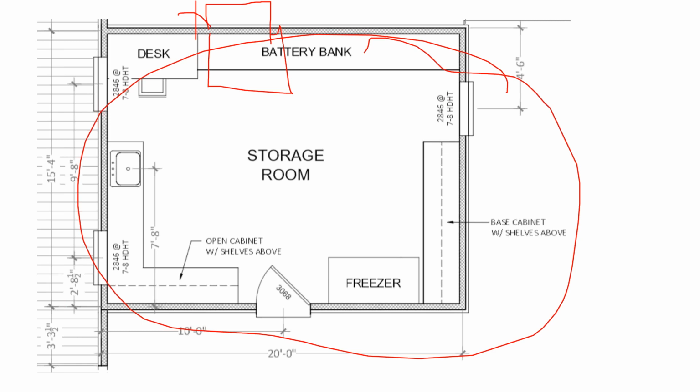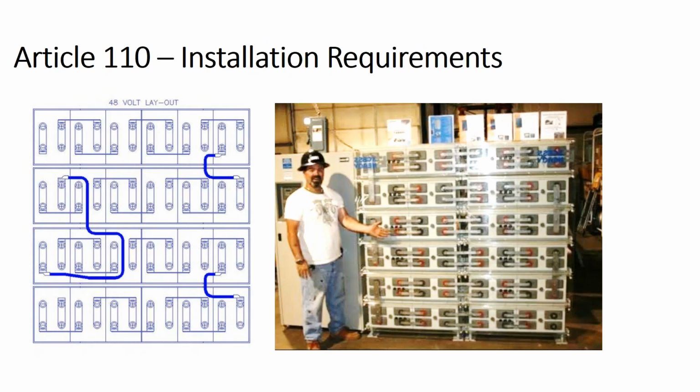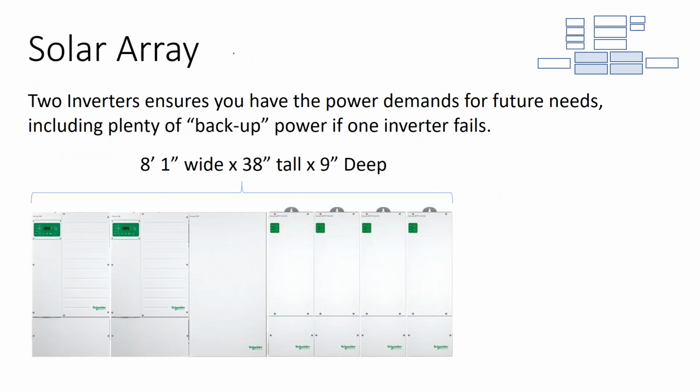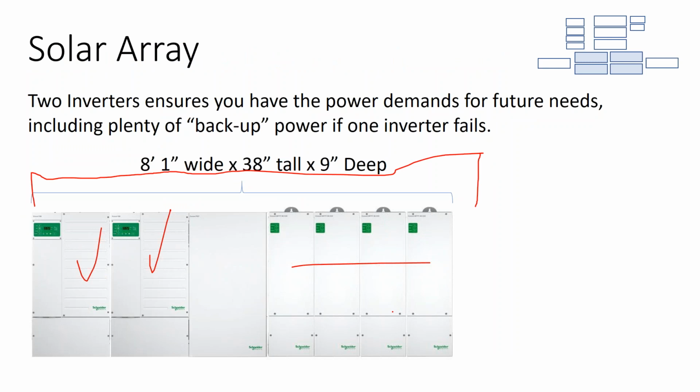But with battery banks, our inverter system itself, with 2 inverters because it's redundant, plus our charge controllers, is an 8-foot wide inverter, where normally at the residential level you're only dealing with a 3-foot wide inverter.